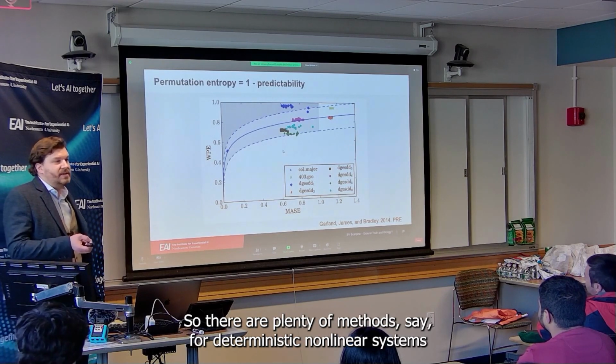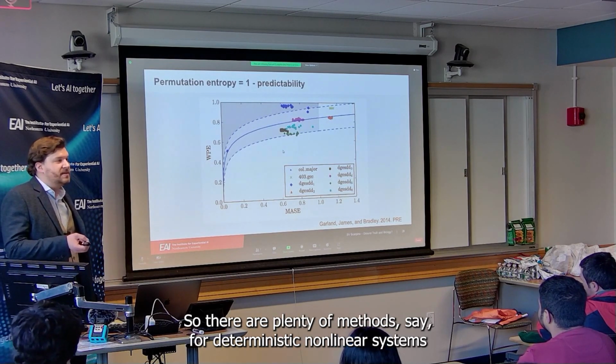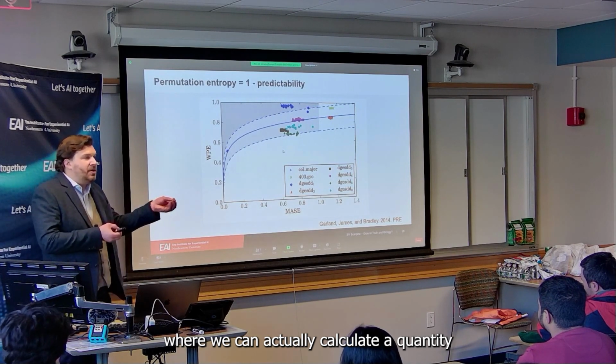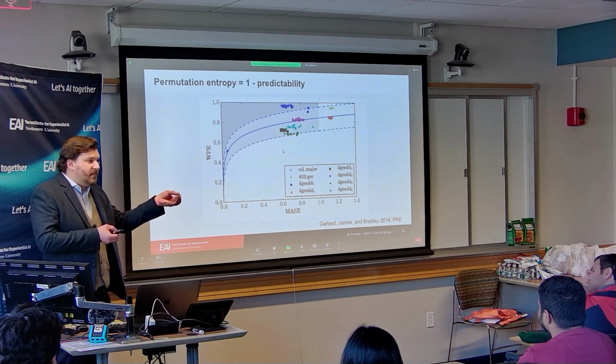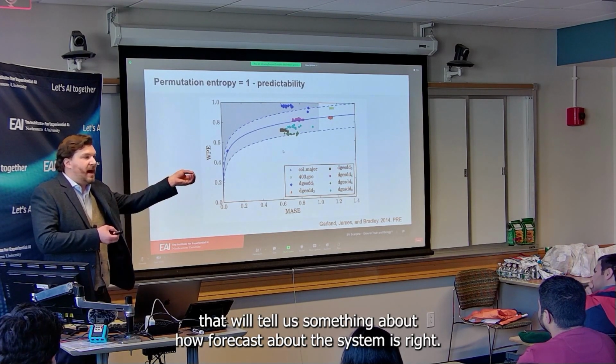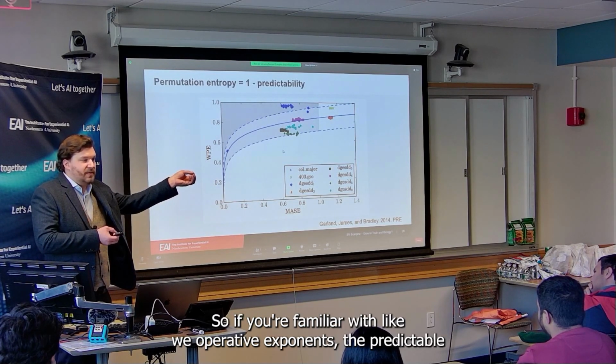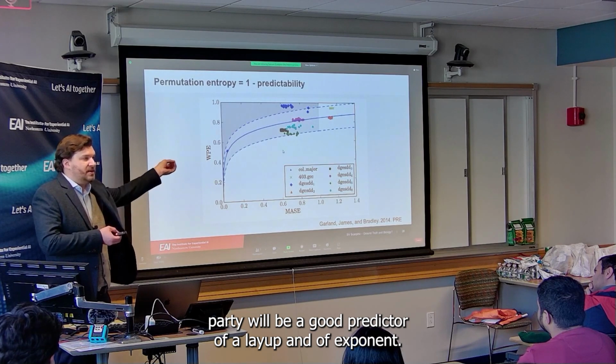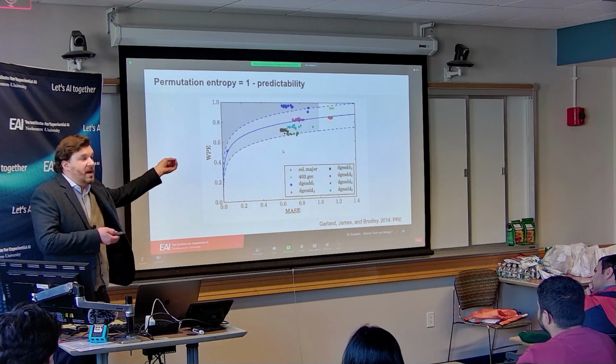So there are plenty of methods, say for deterministic nonlinear systems, where we can actually calculate a quantity that will tell us something about how forecastable the system is, right? So if you're familiar with Lyapunov exponents, the predictability will be a good predictor of a Lyapunov exponent.